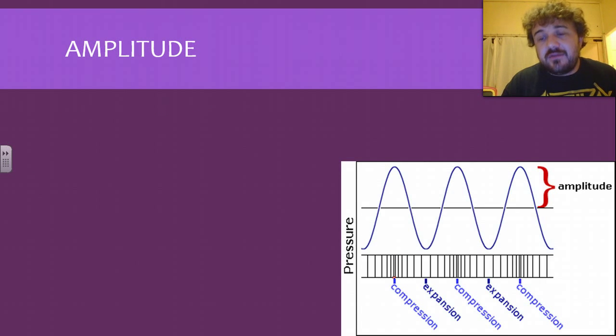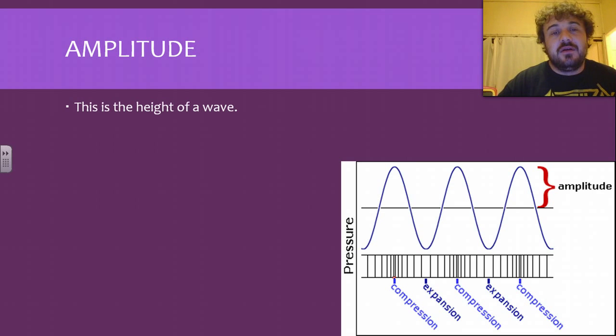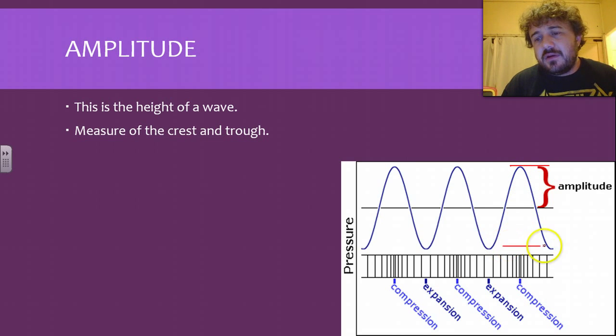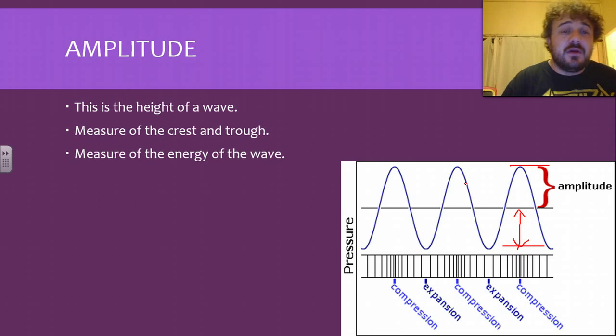Amplitude is the height of the wave from the midpoint, both the crest and the trough. Now, they don't get added together from here to here. It is this distance to that distance, and you'll see that this one here is just the negative of that.